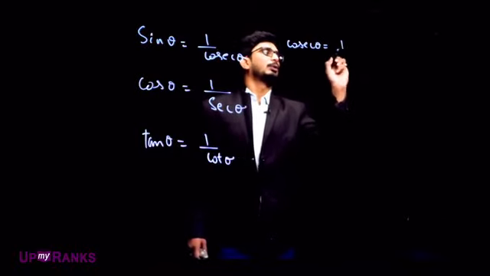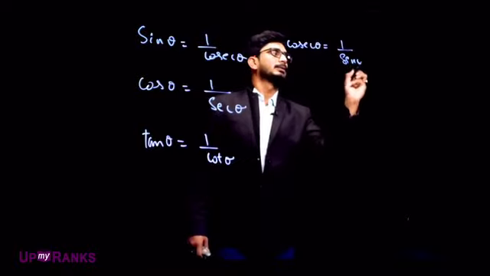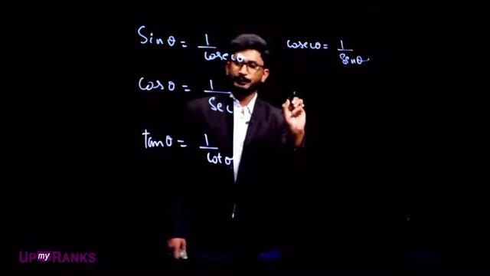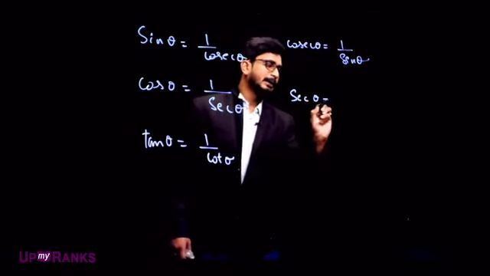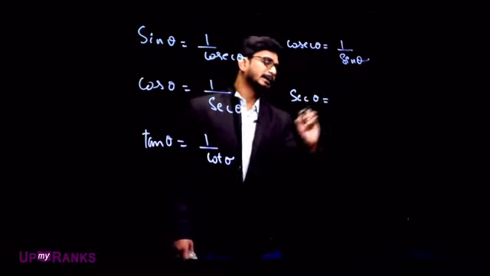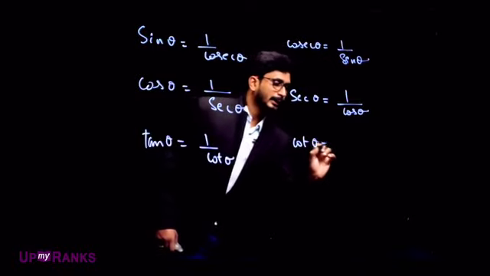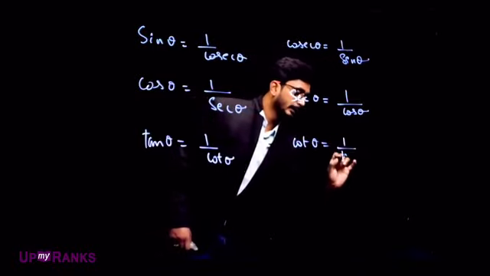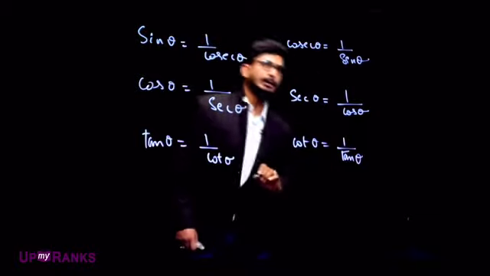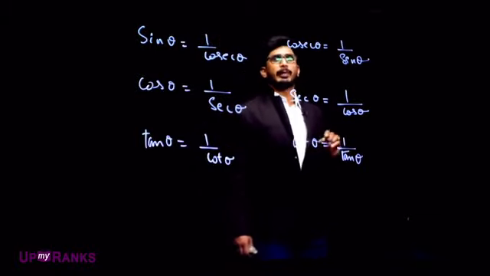Cosecant theta is equal to 1 over sin theta. Secant theta is 1 over cos theta. Cot theta is 1 over tan theta.